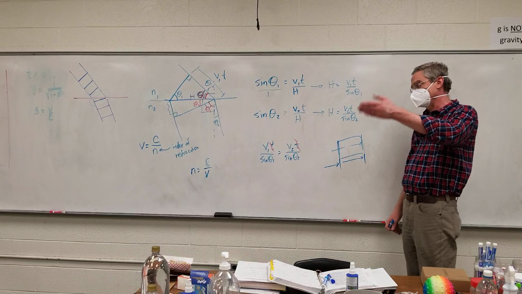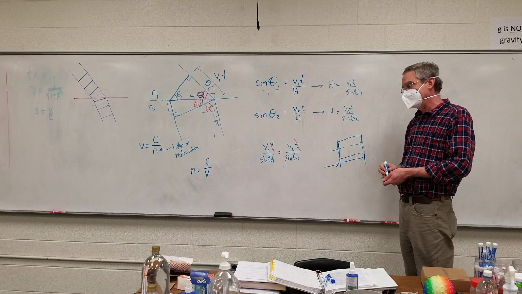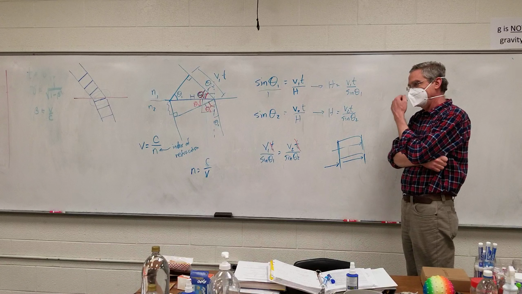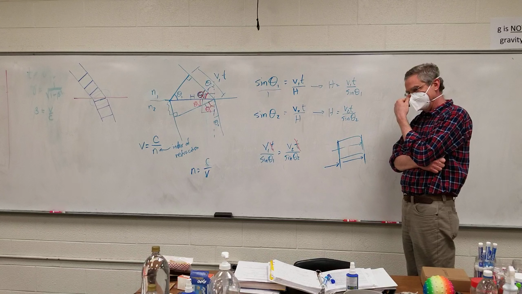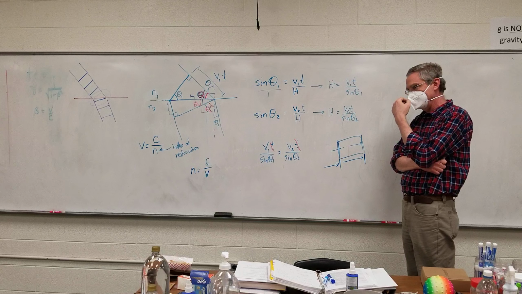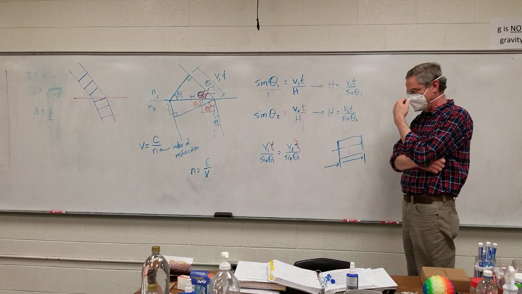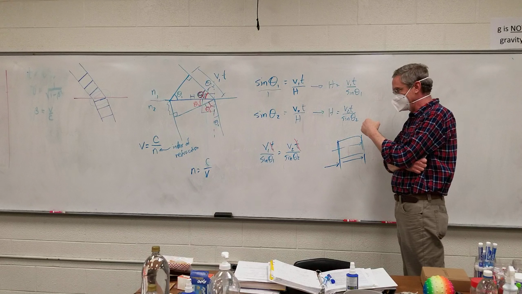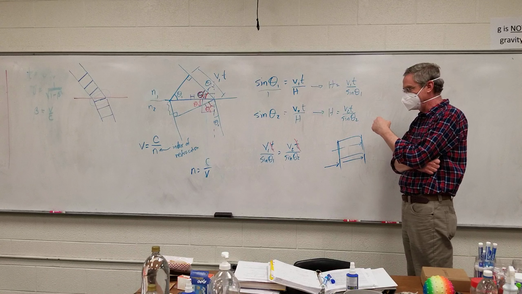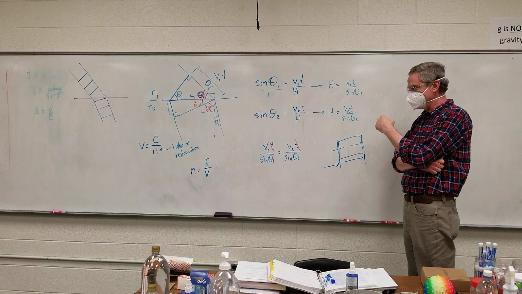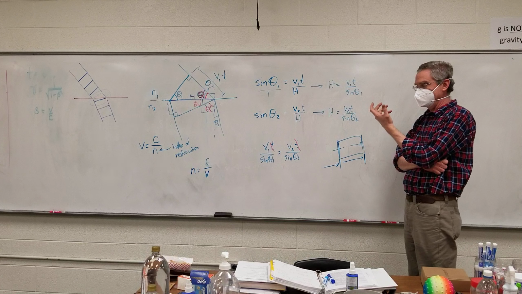I feel like I haven't answered your question. If the equation that we just did could find the time it takes for light to travel, then we can find n, because we know what the speed of light is in a vacuum. Usually n is just given for this course.